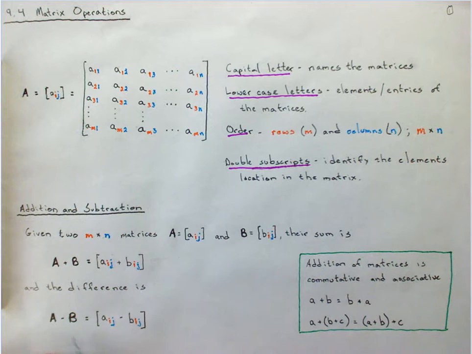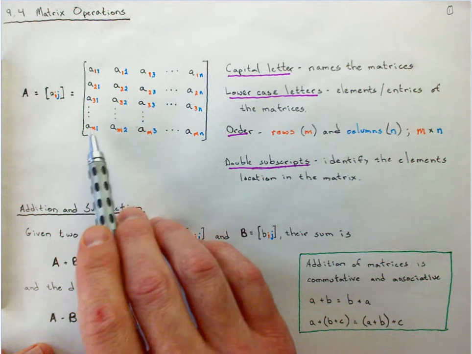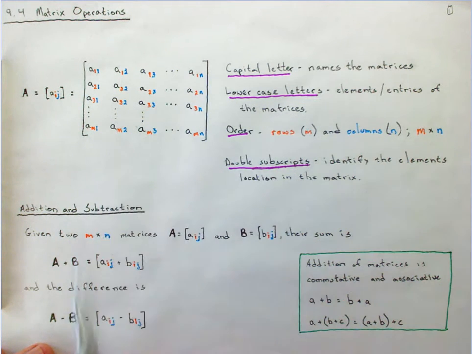Difference can be viewed just the same: I find the corresponding entries for A and for B, and I add or subtract them together.